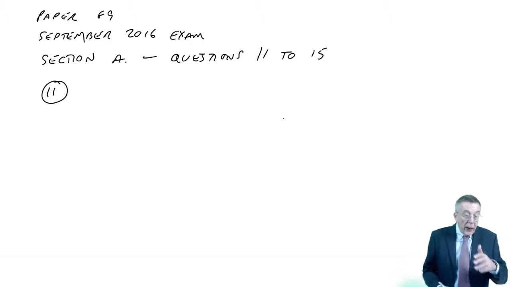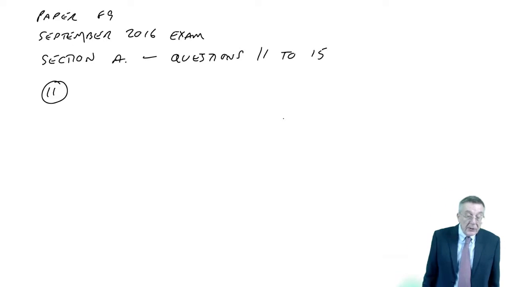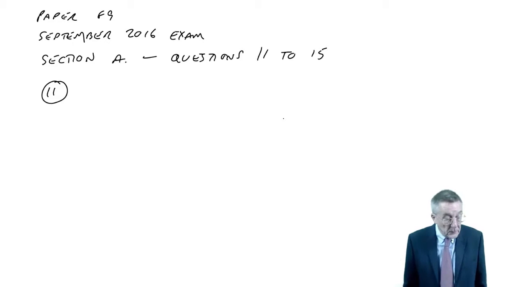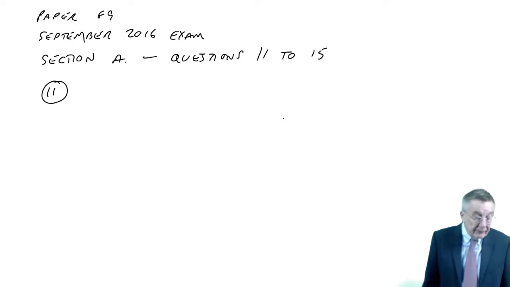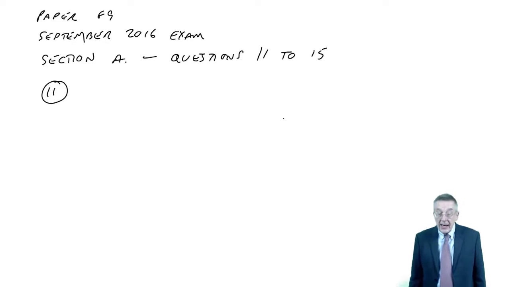But let's do it. Lane Co has in issue 3% convertible loan notes, which are redeemable in 5 years' time at their nominal value of 100. Alternatively, each loan note can be converted in 5 years' time into 25 Lane Co ordinary shares.